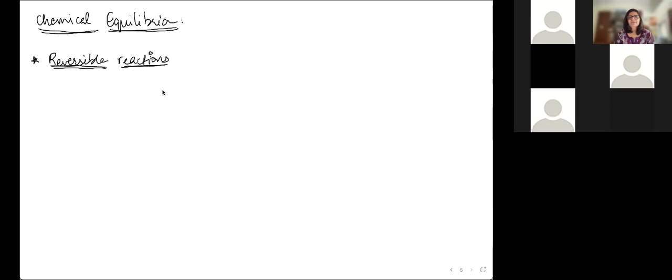Correct. So in the case of a reversible reaction, we get an equilibrium when the rate of forward reaction is equal to the rate of the backward reaction.